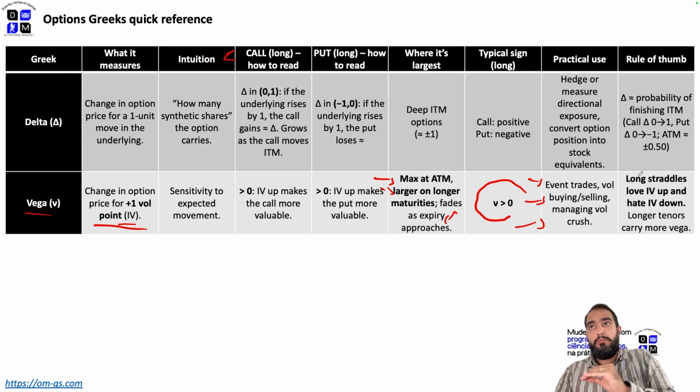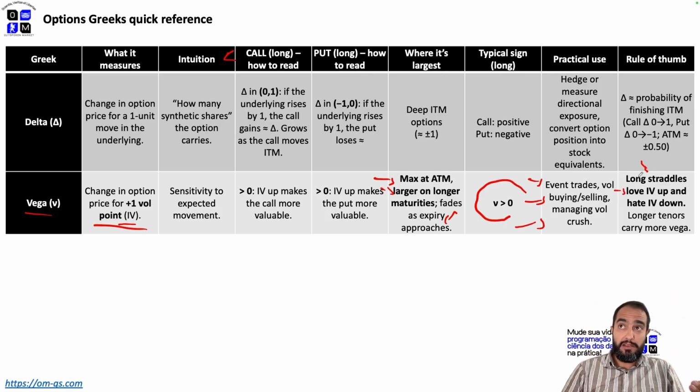For example, long straddles will love it if you have long implied volatility or an increase in it, because it means that you are buying volatility. And the short straddle loves implied volatility going down and hates it going up. So it's the opposite of the long straddle.